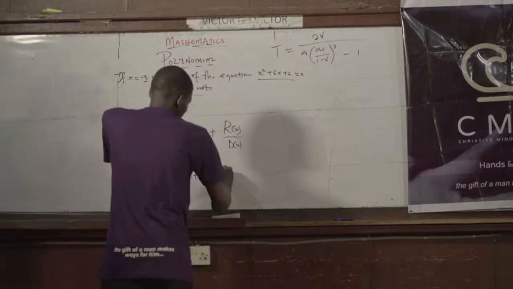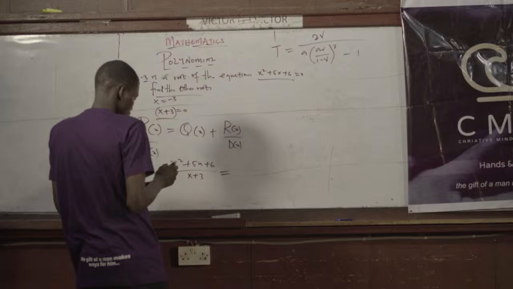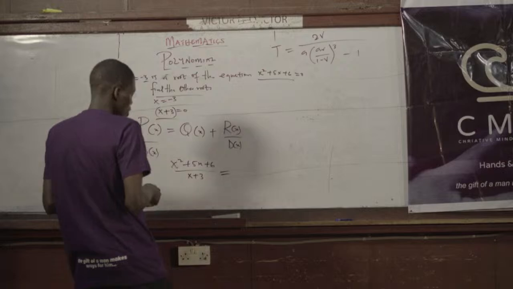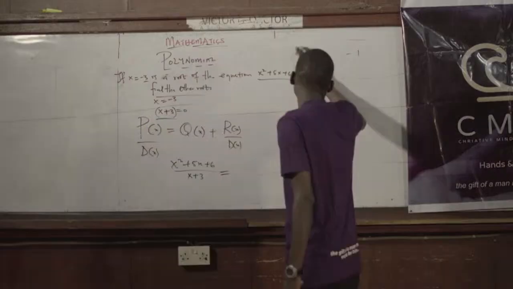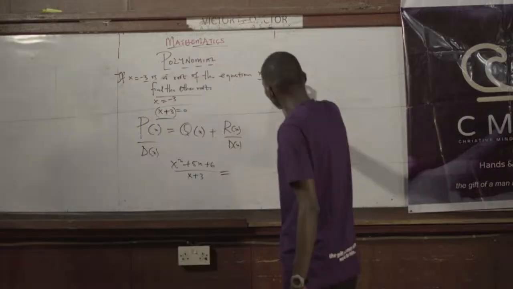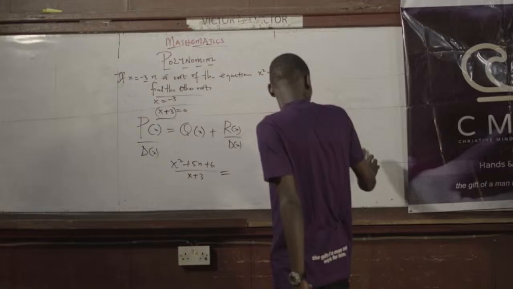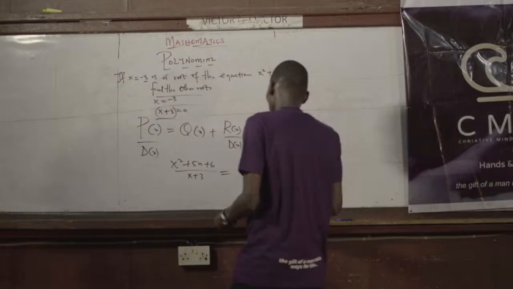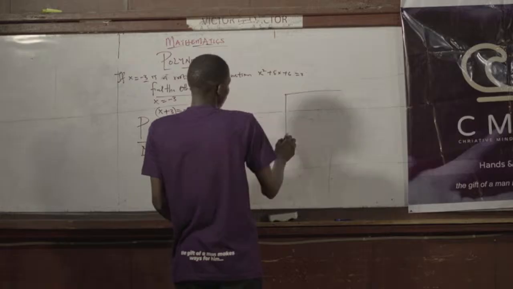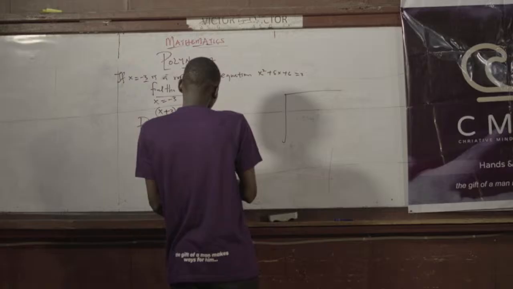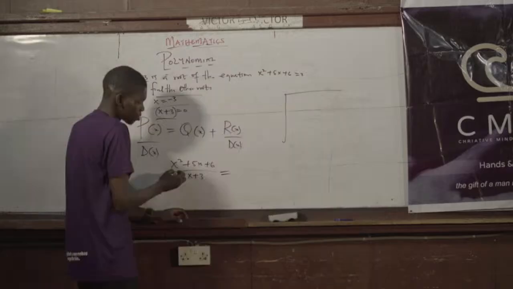If you have something like this, what you are going to do here is what we call long division. We always call it long division. What do we mean by long division? The polynomial we want to divide, we can easily place it here.